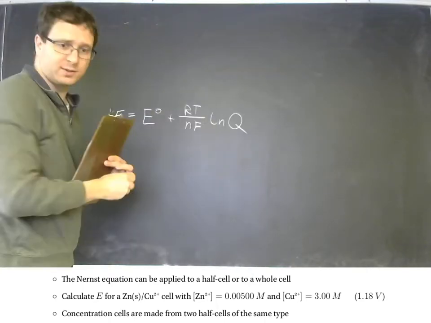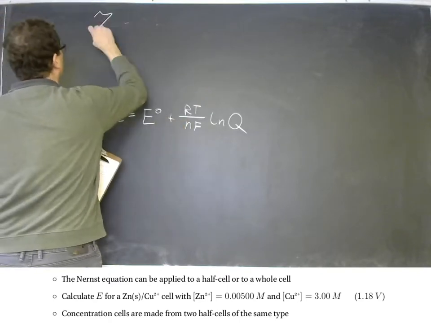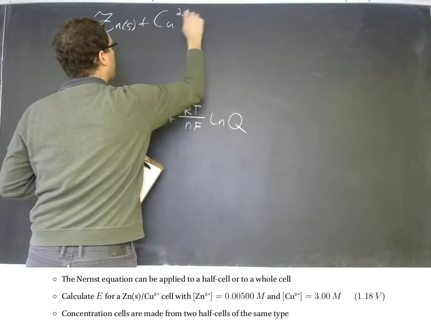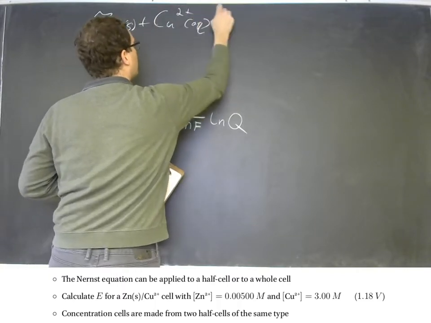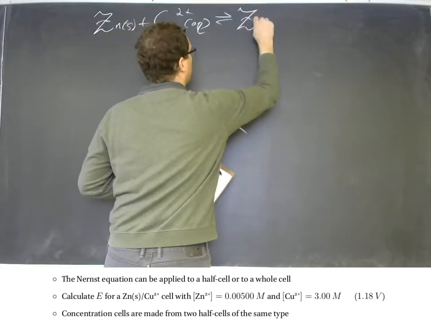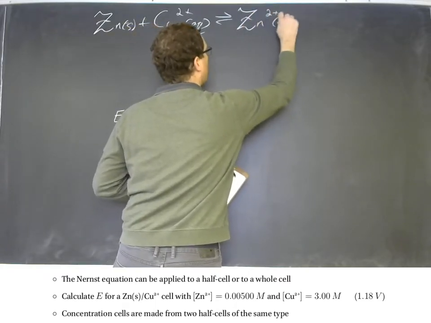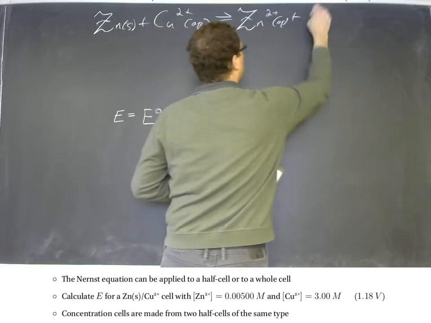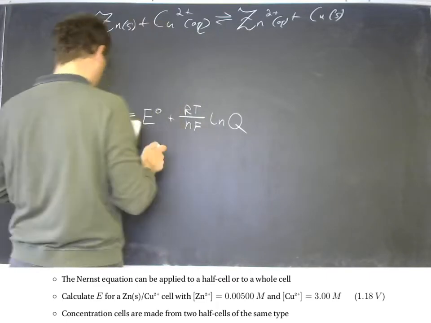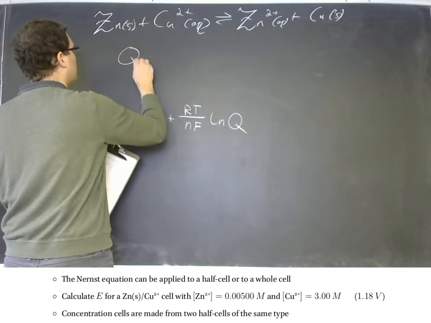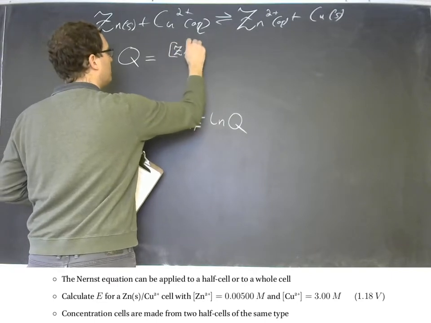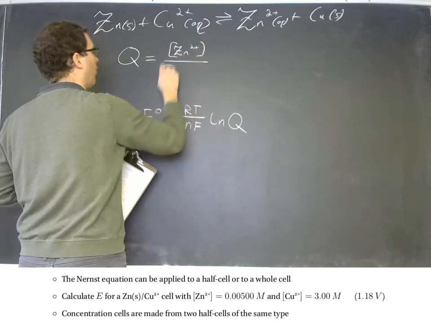We're going to have zinc solid plus Cu2+ aqueous, and that is going to form Zn2+ aqueous plus Cu solid. And so Q in this case would be equal to the zinc 2+ concentration over the Cu2+ concentration.